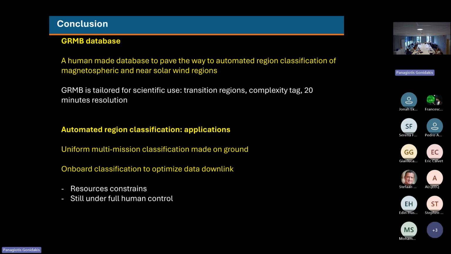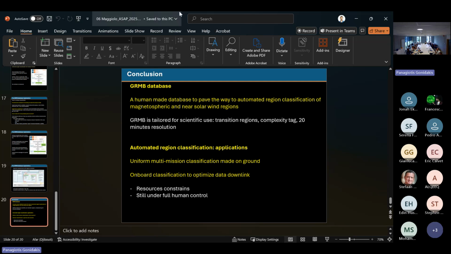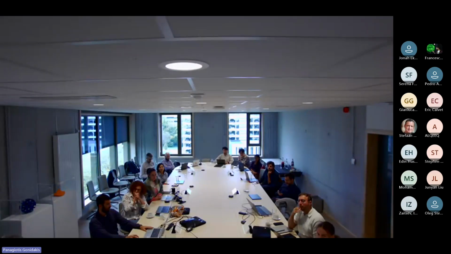Maybe the last one. You showed the figure, one of the first figures, where you have a transition and something happens. It looks to me like a compression of the field. It can be so many things. It can be directly driven by the solar wind: you have compression, depression. It can be related to internal processes: you have a substorm, the magnetopause will move.